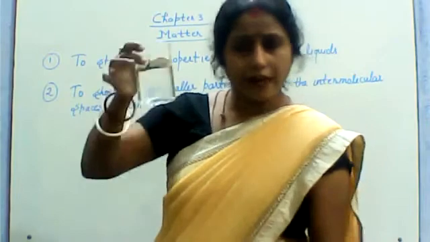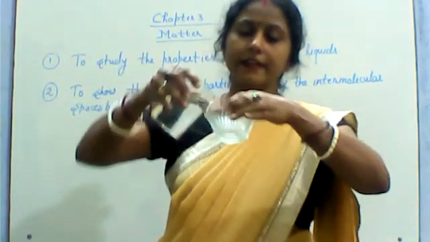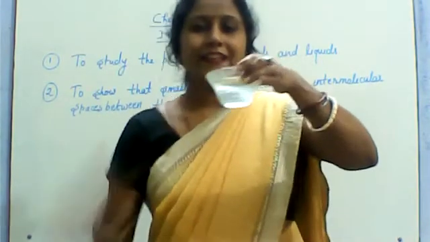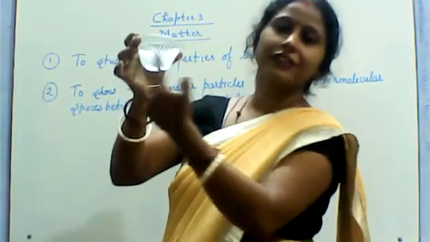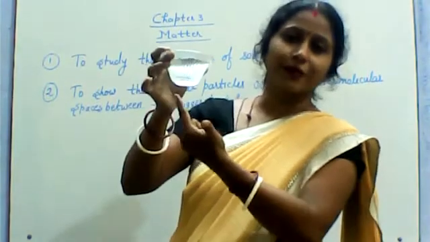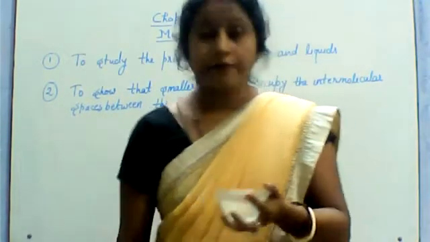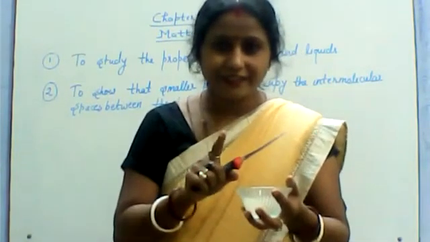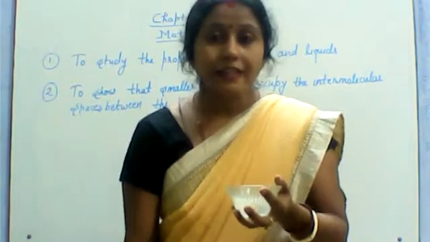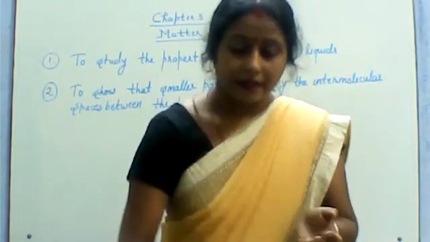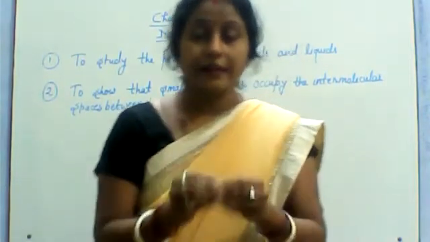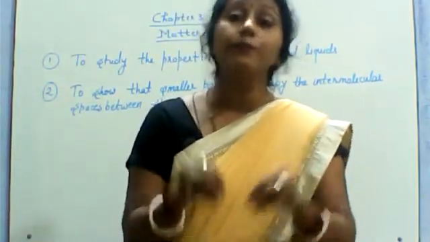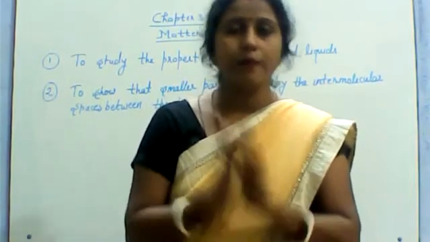And if I pour it in the designer bowl, you can see the water has taken the shape of this designer bowl. And if I want to cut this water, can I cut? No. So what we can say, liquids are loosely packed and take the shape of the container in which we pour them. This is the property of liquid.